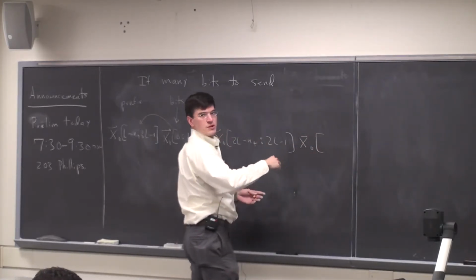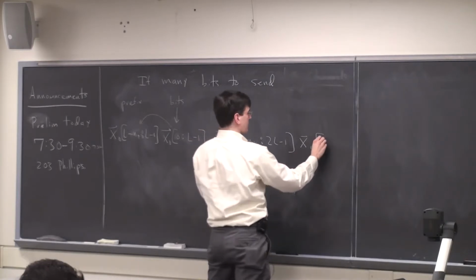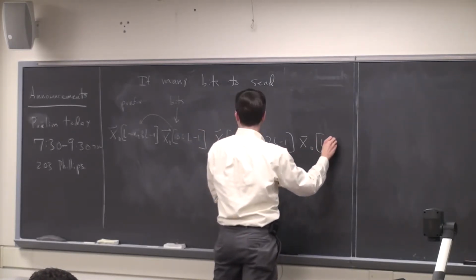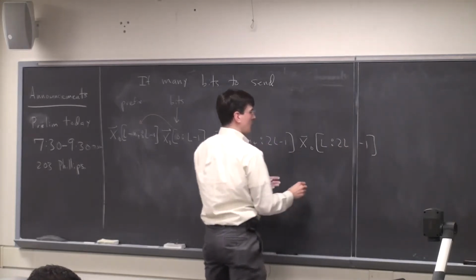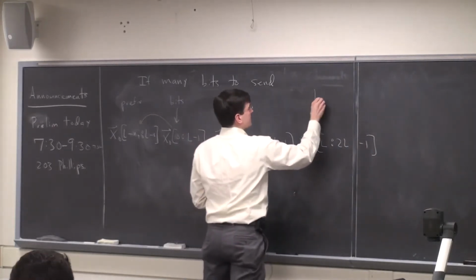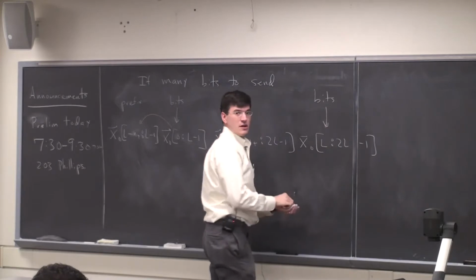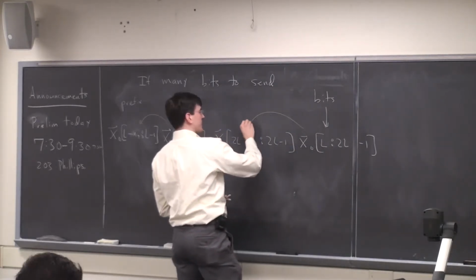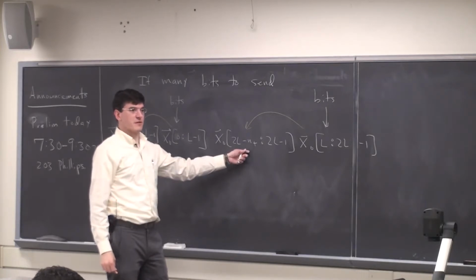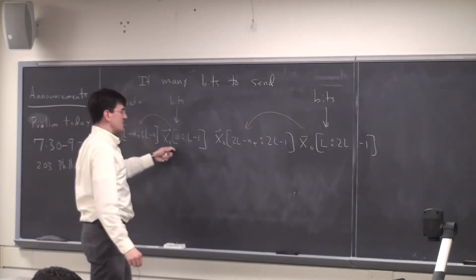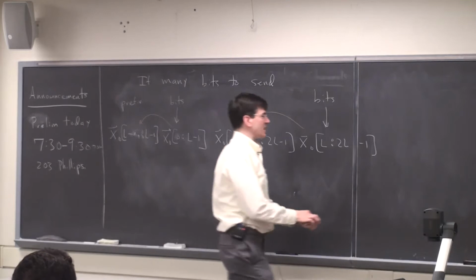Encode them into the next block of x0 samples. So that would be L up to 2L minus 1. Okay, so more bits get encoded into this. From this vector, you peel off the last few samples, put a copy in the front, and then just send these back to back and keep going. You can do this indefinitely.